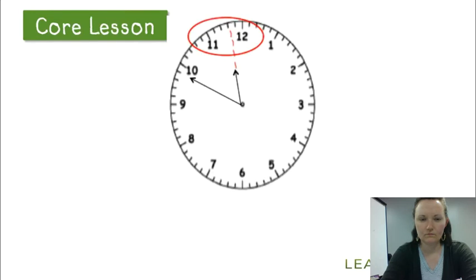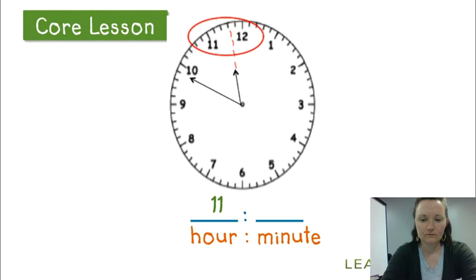So how do you read the exact time on a clock? We know that time has two parts, the hour and the minute. And so what we do first is read the hour, because the hour is written first and then the minute is written second. So the hour here is pointing in between the 11 and 12. And just like we just talked, we know that it's 11 o'clock because it hasn't reached 12 yet.